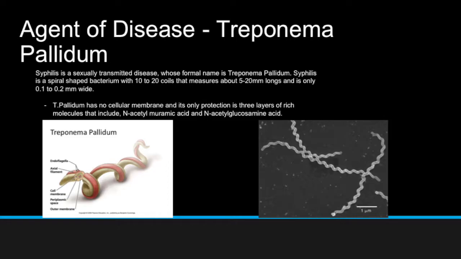T. pallidum has no cellular membrane, and its only protection is 3 layers of rich molecules that include N-acetylmuramic acid and N-acetylglucosamine acid, which makes it very easy to cure with the use of penicillin.